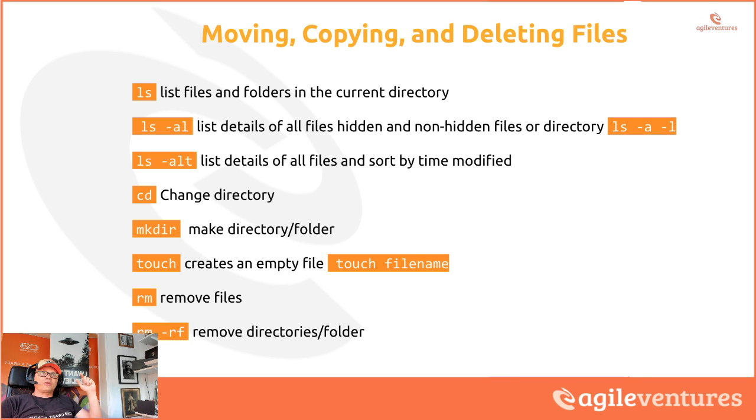We call these flags when you say dash and then something. That's what we refer to them, flags. So if you do ls -al, you show the hidden files and some more info, and -alt is pretty much the same thing. It's a slightly different sorting of how they are displayed.